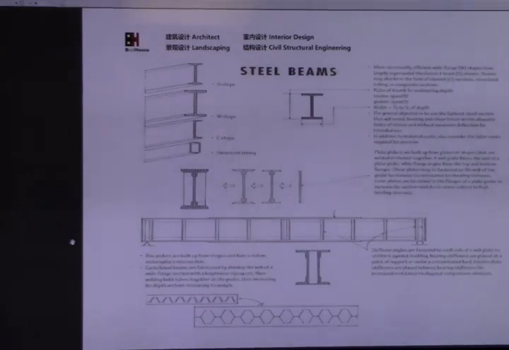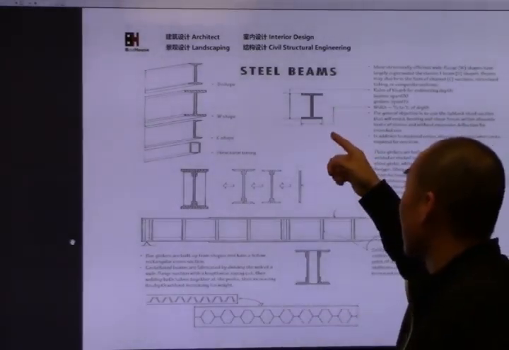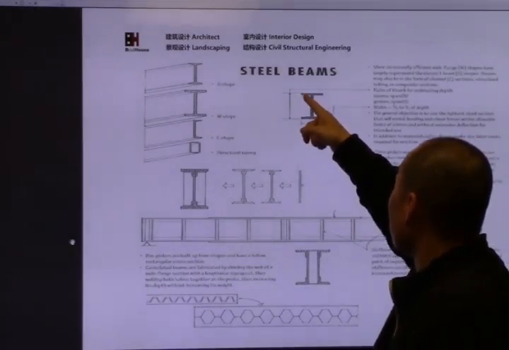This is steel beam. The steel beam is commonly used. This is an I-beam, a W-shape I-beam. It's very common. Also, it's cheaper, but very functional. Why do we use the I-beam? For the wood, we cannot have the I-beam, right?